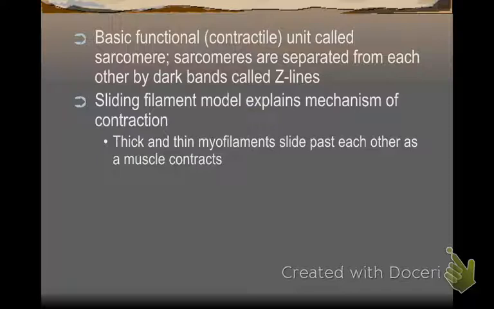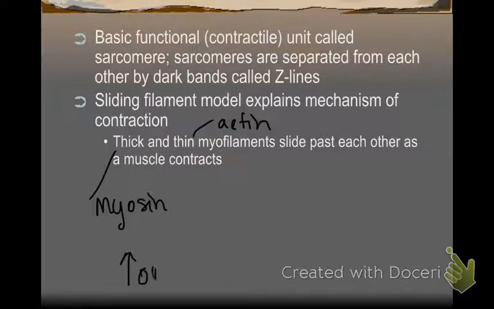So, the thick and the thin filaments slide past each other as a muscle contracts. So the myosin slides past the actin. If you have a greater degree of overlap, you have a greater degree of contraction.